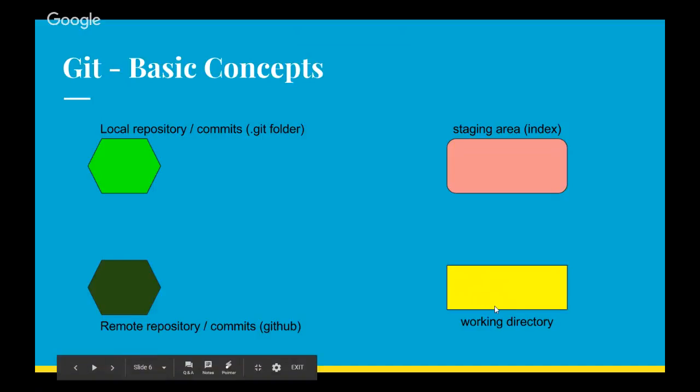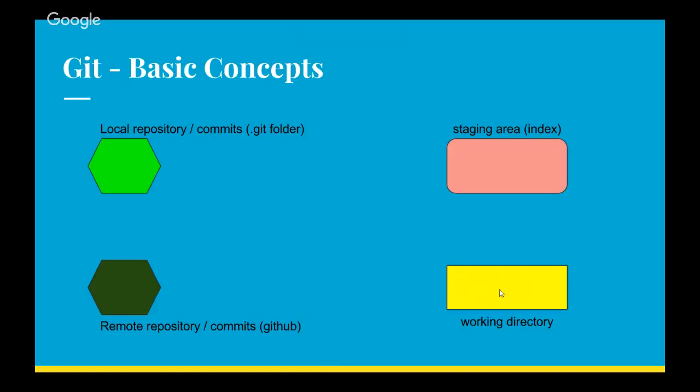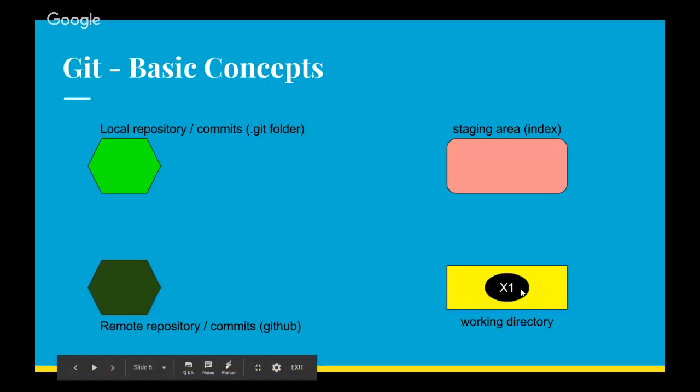This is where you make your changes and test them out. It's sort of like a test scratch pad, if you will. You test your changes here, you make changes here. Let's say you added a file called x1, or you changed the state of the working directory to be x1 essentially.